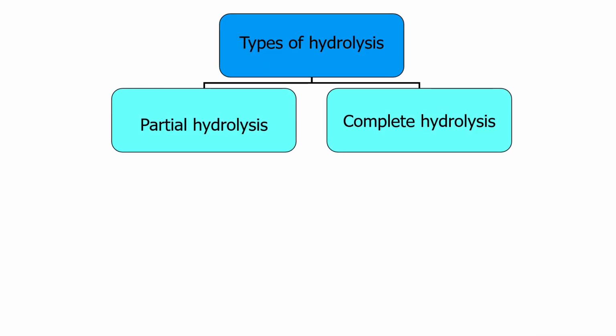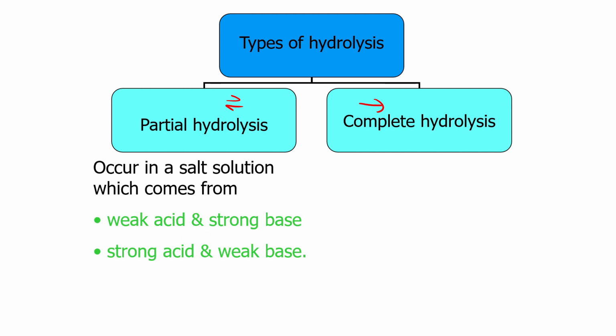So we have 2 types of hydrolysis, partial hydrolysis and complete hydrolysis. Okay, partial is indicated by a reversible reaction. Complete hydrolysis, totally hydrolyzed, is indicated by a forward arrow. Because partial hydrolysis, separa je dia hydrolyzed, it comes from salt yang produce salah satunya weak base and strong acid.